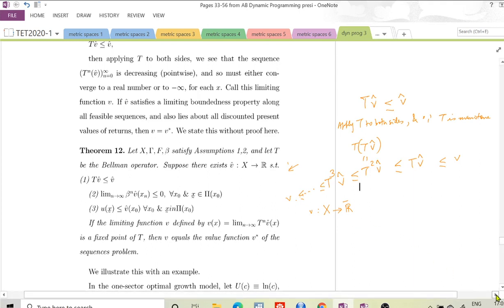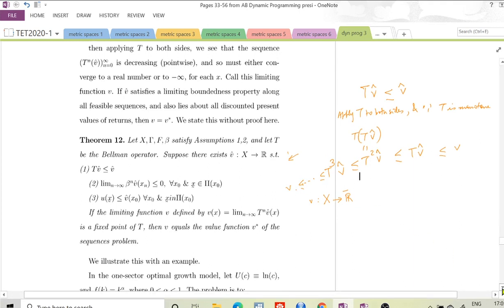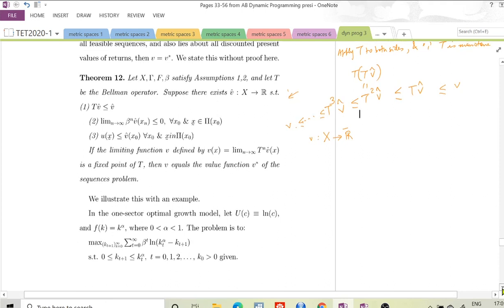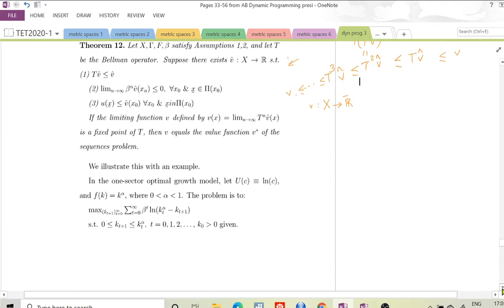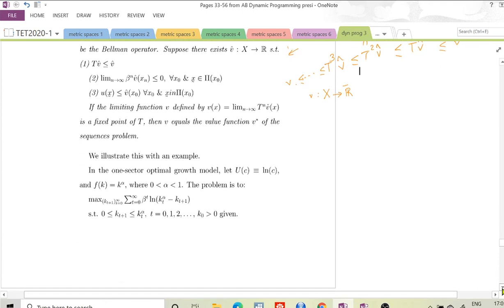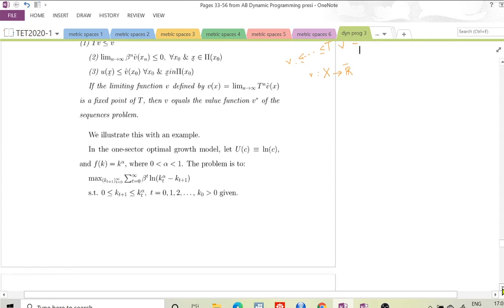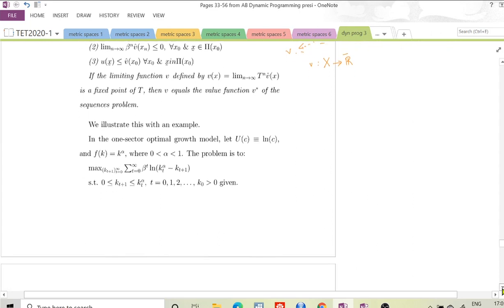Okay, so here is an example where the boundedness condition is met. It's also true that in the examples, effectively I can put an upper bound on the amount of capital stock that it will be sensible to have. And if I can put an upper bound on the sensible amount of capital stock, I have effectively bounded the entire problem. And I think this is also part of problem set 2 that you're looking at.